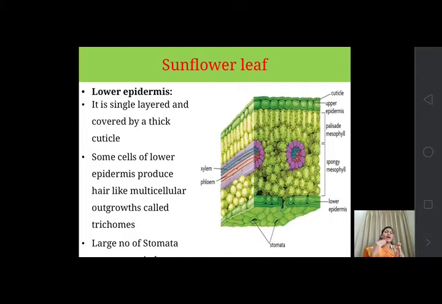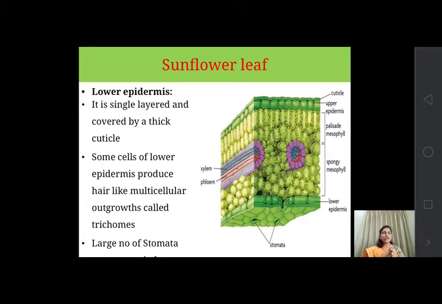Palisade is meant for photosynthesis and spongy is meant for storage of food material. It has two protective layers, the upper and the lower epidermis. So this is the structure of the dicotyledonous leaf, and this is the end of today's lecture.